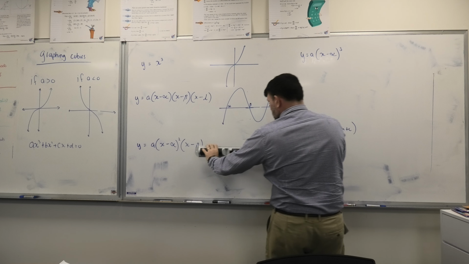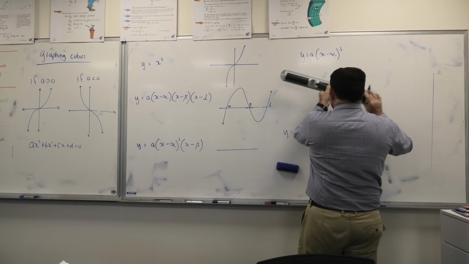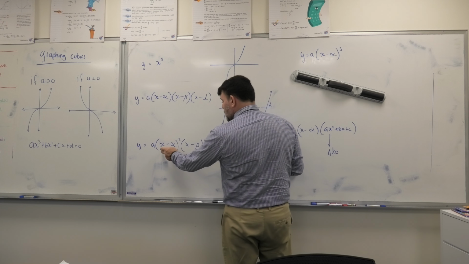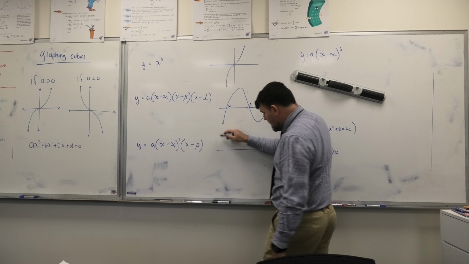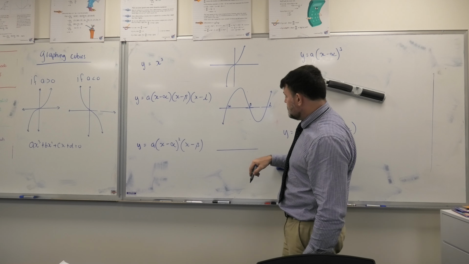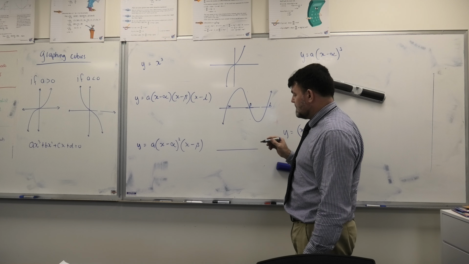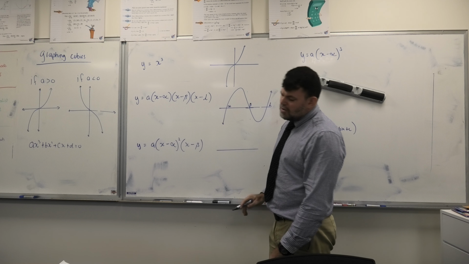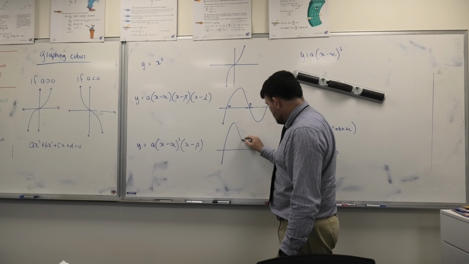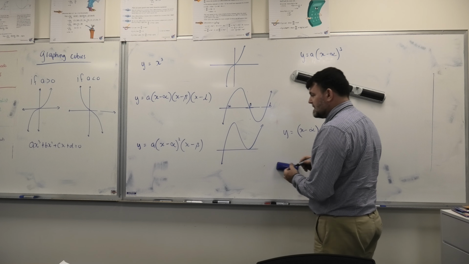Our third example relates back to something that you learned when it came to quadratics. If we've got something to a power of 2, then we're bouncing off the axis at that point. So in this case, we could have it come up and bounce off.